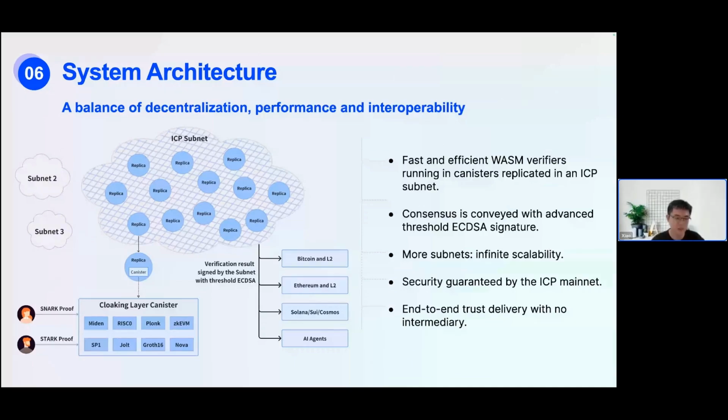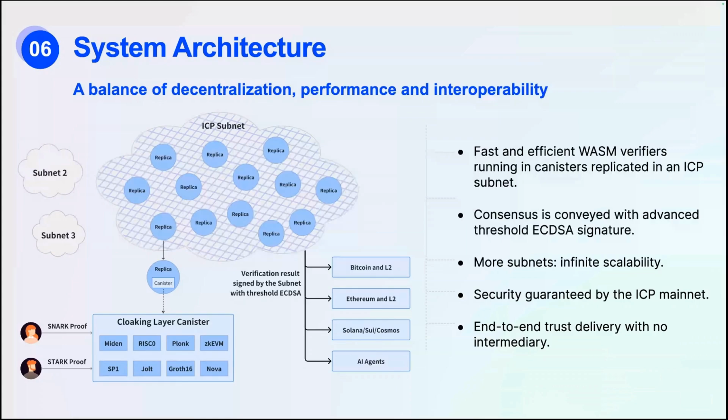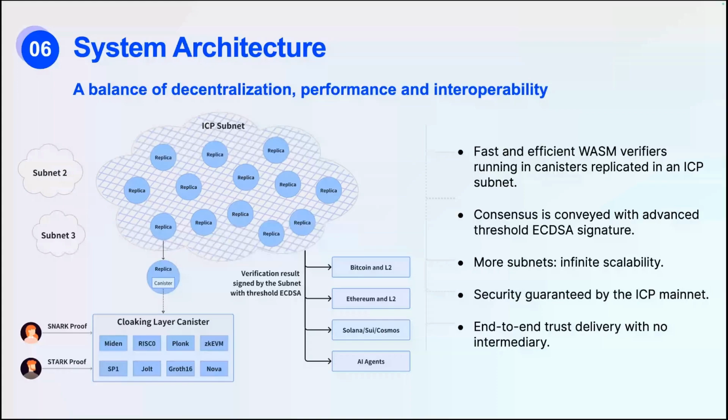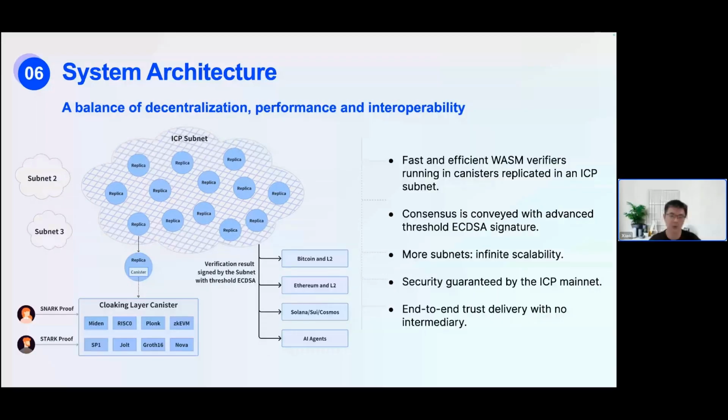So the user on the bottom left side can send either SNARK proofs or STARK proofs via HTTP calls to the Cloaking Layer canister. The proof will be verified by the corresponding verifiers within the canister, and the result of the verification can be written to any target chain. On the bottom right corner of this diagram, we can see that we have quite a few target chains that we can send the result to, including Bitcoin, Ethereum, Solana, and we can also use it in non-Web3 scenarios.